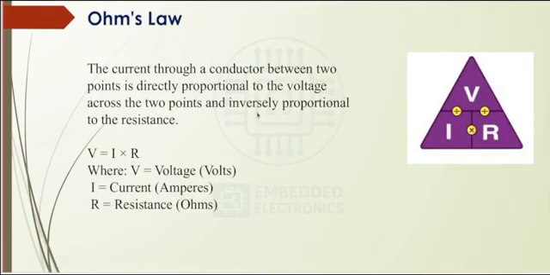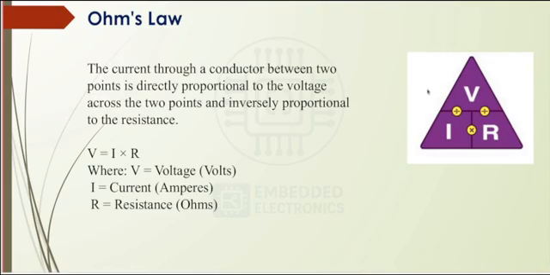So what is Ohm's law? The current through a conductor between two points, current meaning I, is directly proportional to the voltage across the two points and inversely proportional to the resistance. So I equals V by R. We can also say it like this: V equals IR.